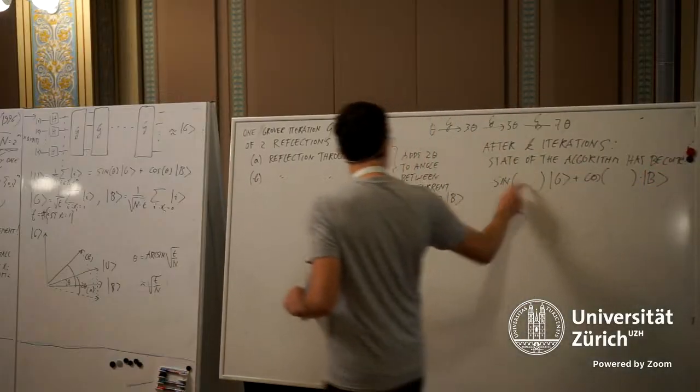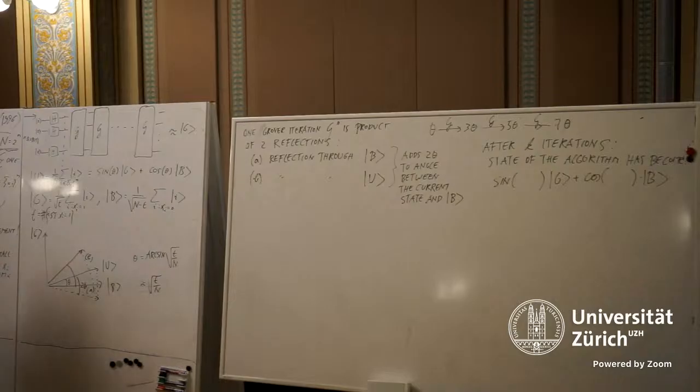And question to you, what should I put here after k of these Grover iterations? What has the angle become? After 0 iterations, it's theta. After 1 iteration, it's 3 theta. After 2 iterations, it's 5 theta, etc. So what do you have after k iterations? 2k plus 1 times theta.